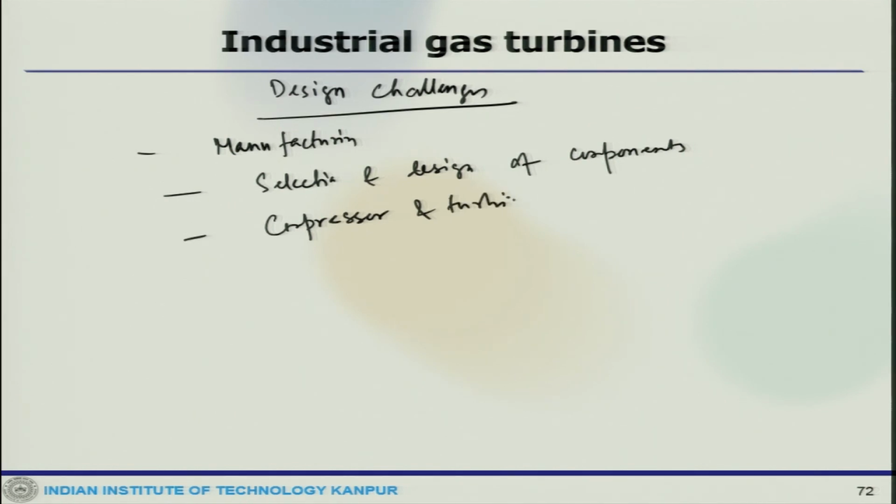So, these are different things that you have, and there are different challenges. These are only a few to be listed, it is not all, but this just gives you an idea of the requirements for industrial gas turbines.